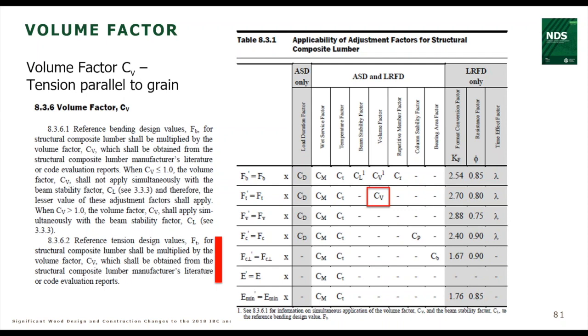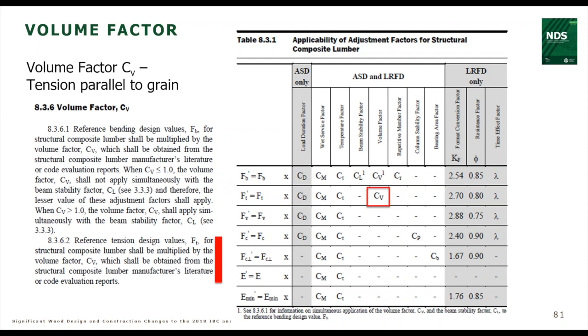Chapter 8 was revised to include this volume factor for tension, based on a correlating change in ASTM D5456, the standard specification for evaluation of structural composite lumber products. This standard requires that you have a volume factor for tension.